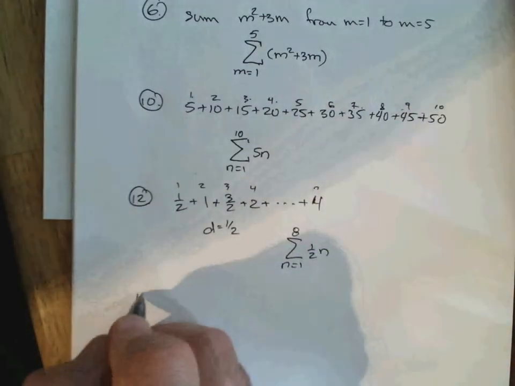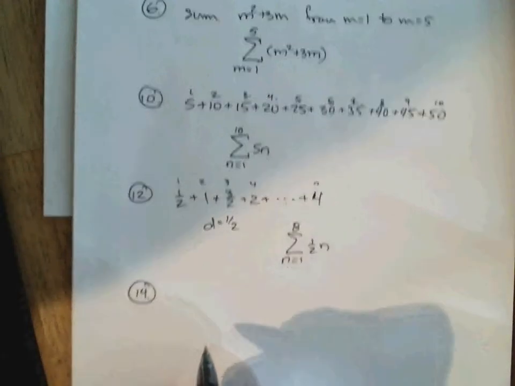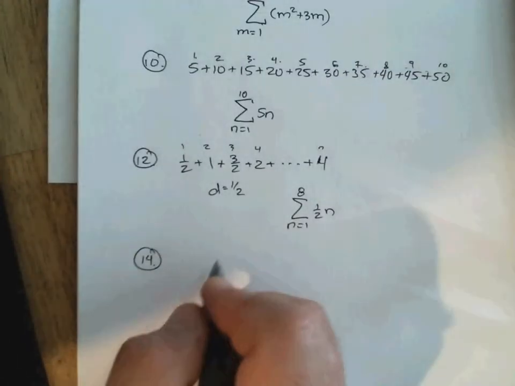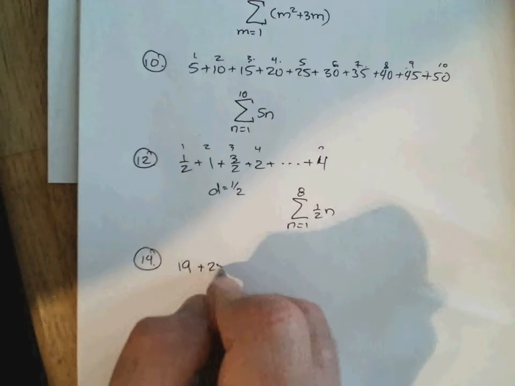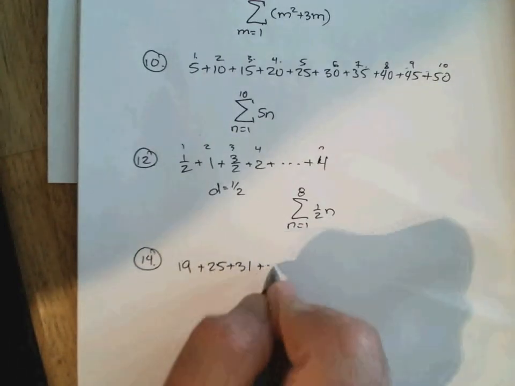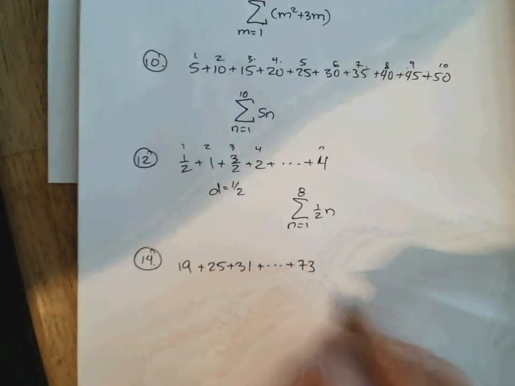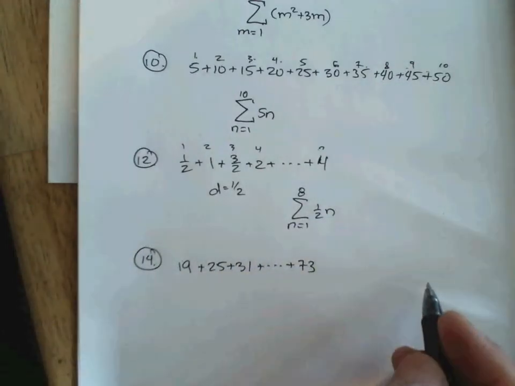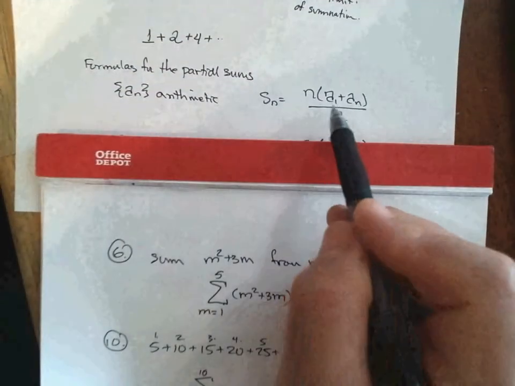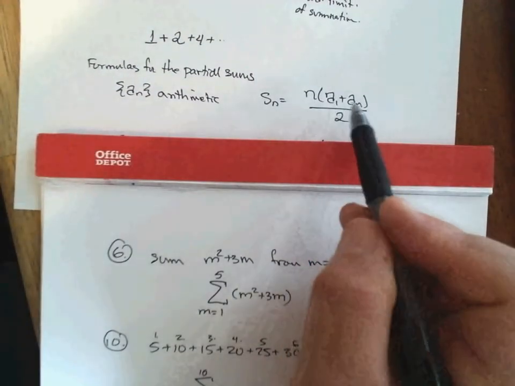Number 14. We have in this arithmetic sequence 19 plus 25 plus 31 plus up to plus 73. And they say use the formula for the sum of the first n terms. Meaning, use this formula right here for the sum of the first n terms.